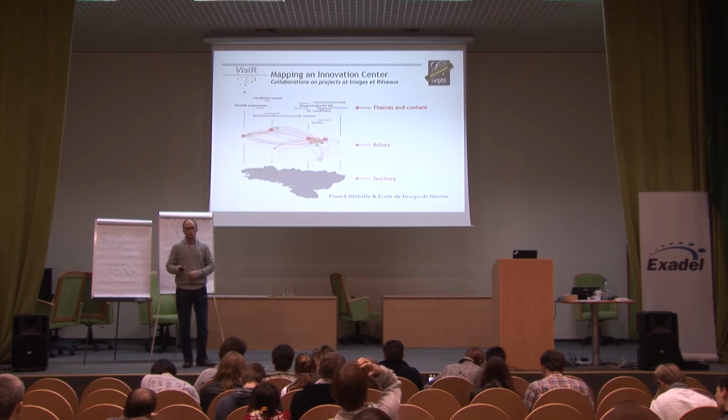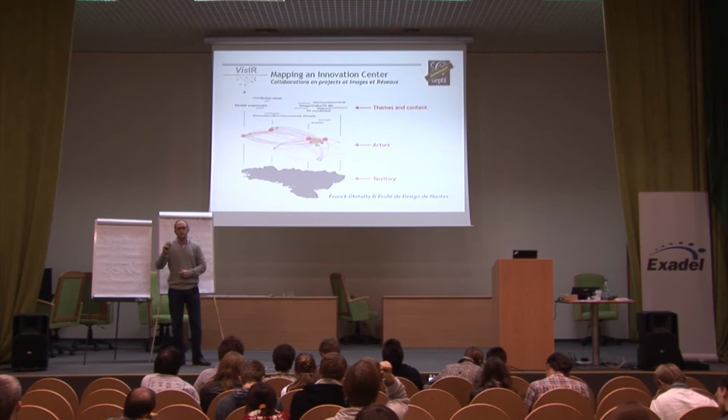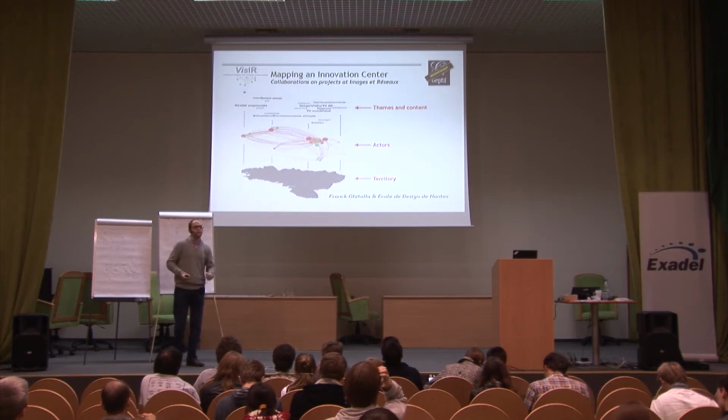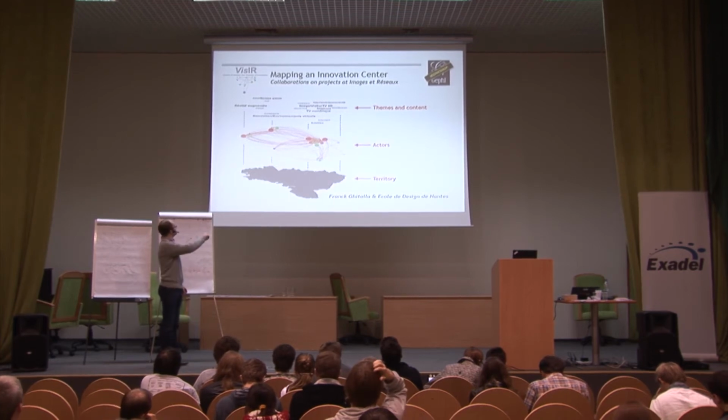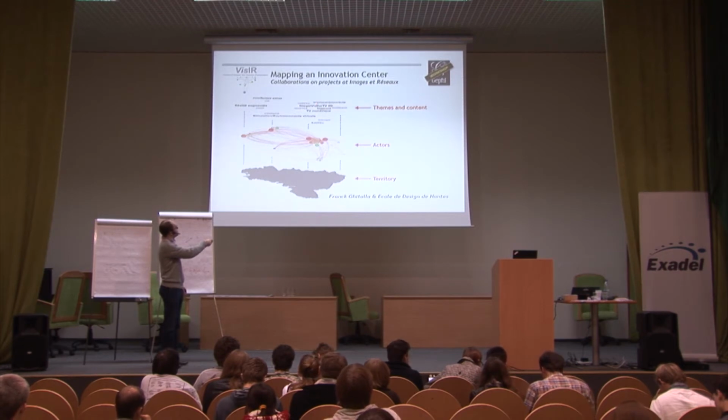Who is working with whom? On what topics? Do they have particular regional preferences? So we had this project where from textual reports we extracted the different topics and linked them to the different actors, and we mapped the actors based on their geographical location.